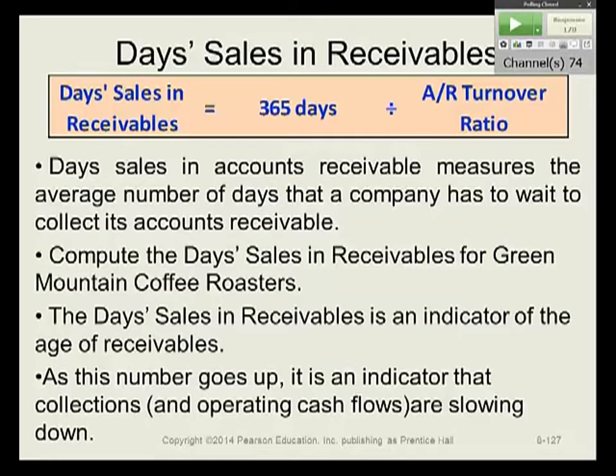Now, in Chapter 6, we looked at something known as inventory turnover or number of days sales in inventory. So we could estimate how long it takes you to sell your inventory. Remember we talked about dealers having number of days stock on hand?